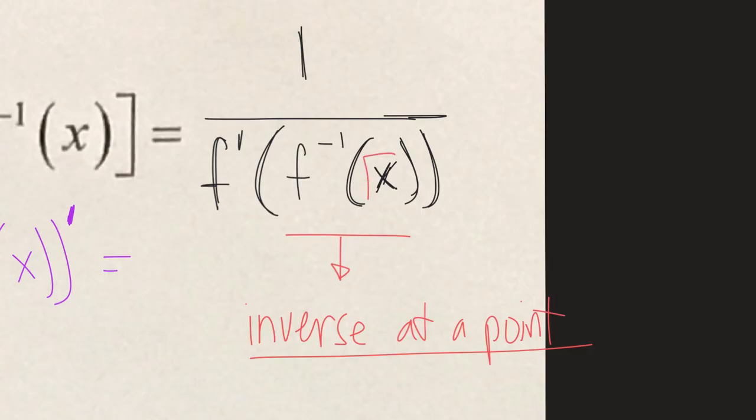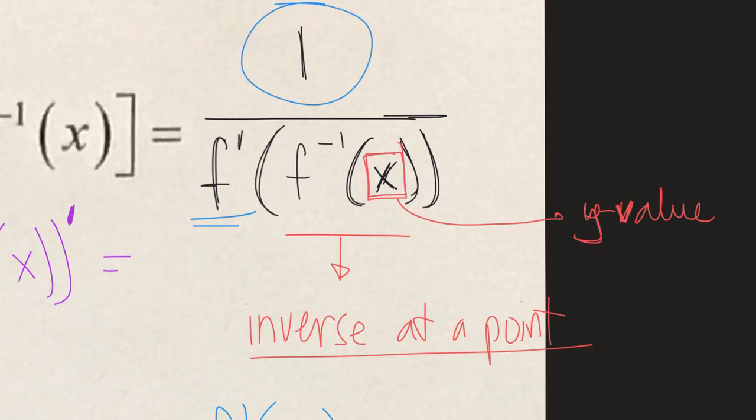So in practice, this is going to be a y value that you're given, because for the inverse you switch your x and your y. You're going to find the x value that goes along with it, and then we're going to find the derivative at that point. And then, of course, we reciprocate. Our last step is going to be to reciprocate. So there are 3 things we're going to do.